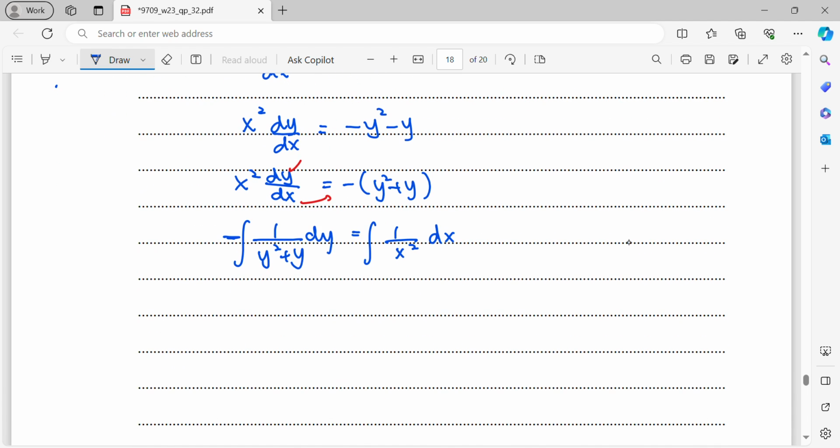For the left hand side, I have to integrate this using partial fractions, but before that I need to factorize the y first. Right hand side, I need to move up the x squared, which becomes x to the power negative 2.